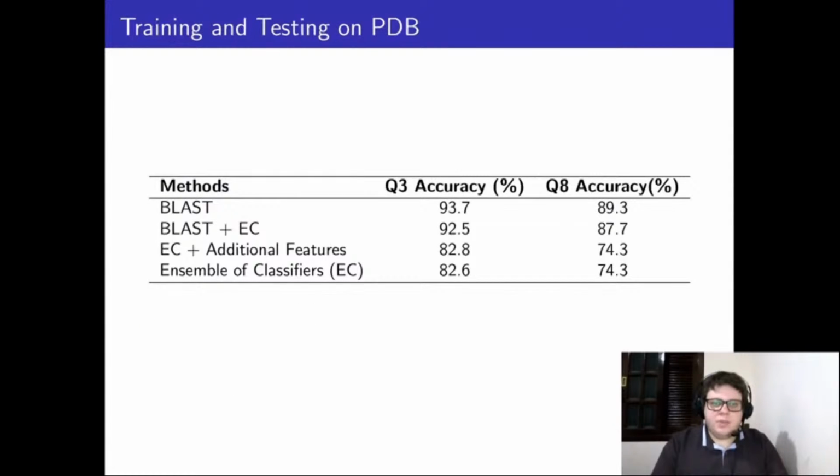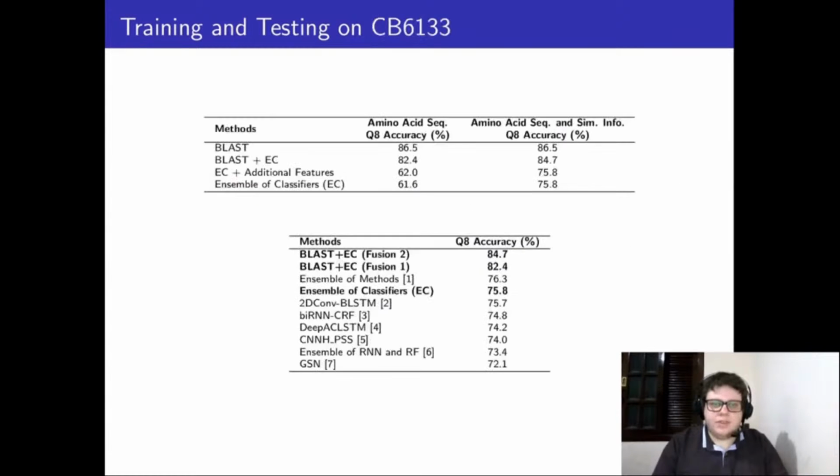In the first experiment, we used the PDB for training and testing. The table presents the Q3 and Q8 accuracy of the method using the ensemble of classifiers with additional features, BLAST, and the fusion of BLAST and ensemble of classifiers. In the second experiment, we used the CB6133 dataset for training and testing.